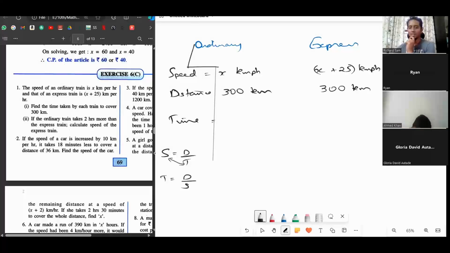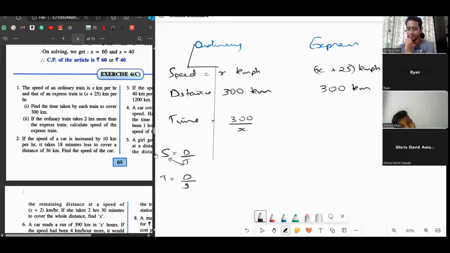So the time taken by the ordinary train is what? 300 divided by x, right? Distance upon speed. And what's the unit of time? Speed is in kilometer per hour, distance is in kilometer.